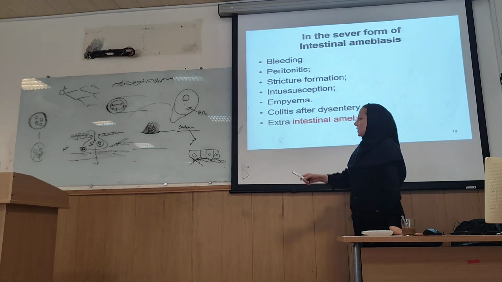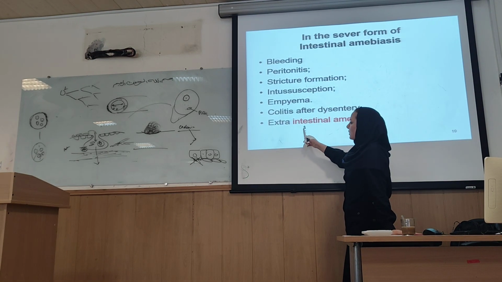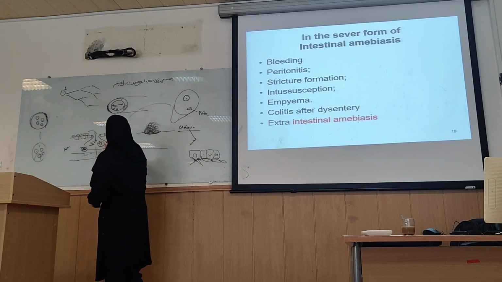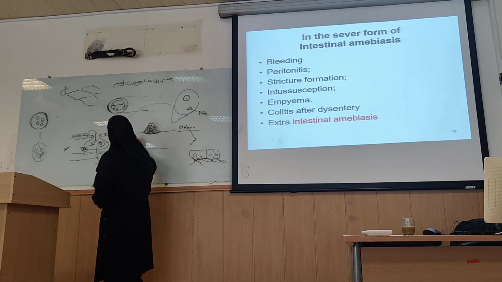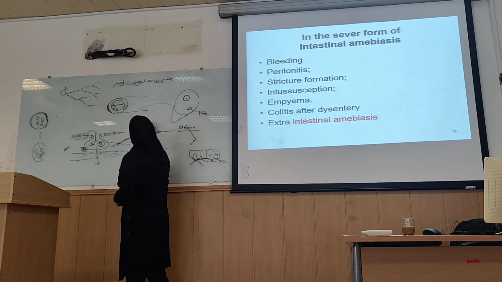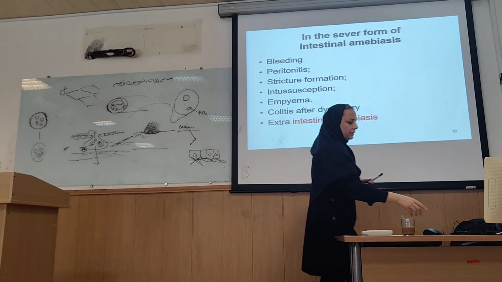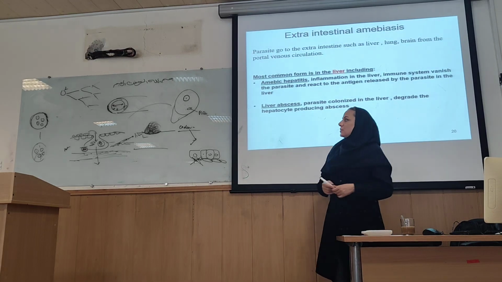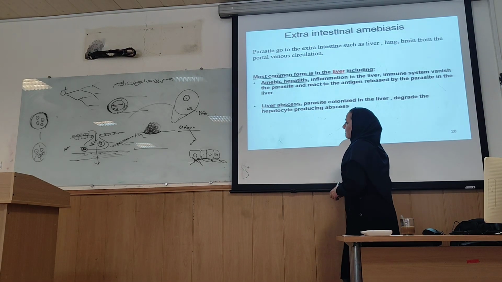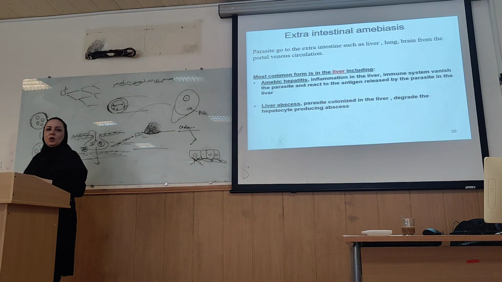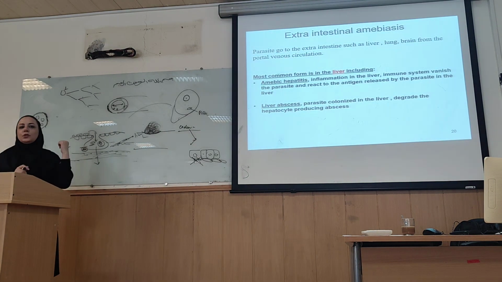But the most important thing is extraintestinal disease. In some people, histolytica penetrates the vessel, goes to the bloodstream and goes to, for example, the liver, lung, and other organs, and produces extraintestinal amebiasis. All of this depends on the pathogenic factor.